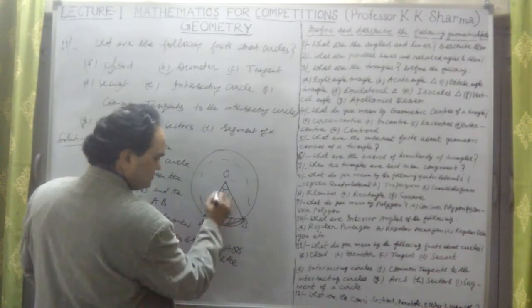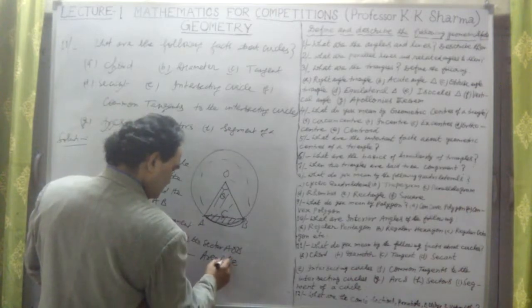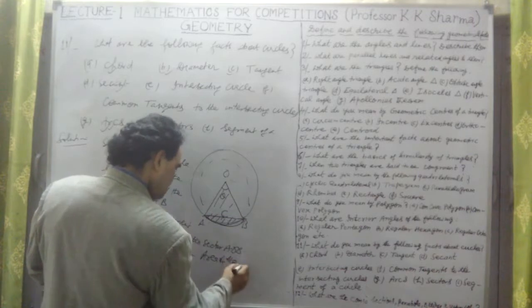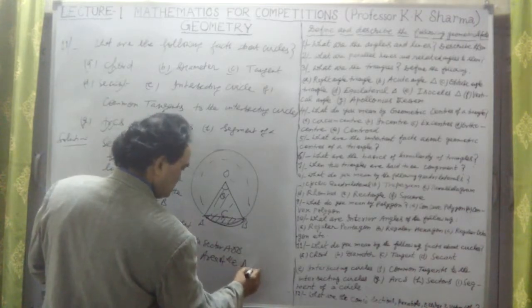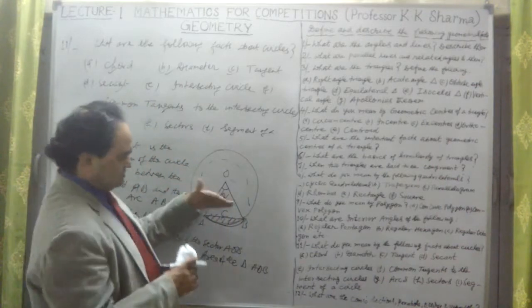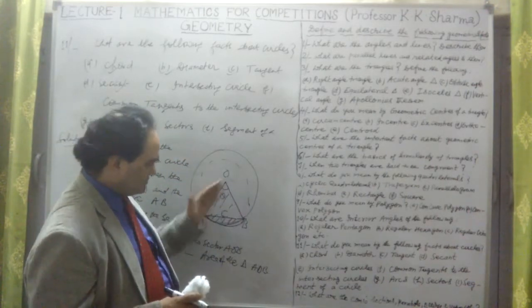From the sector's area, I subtract the area of the triangle AOB.